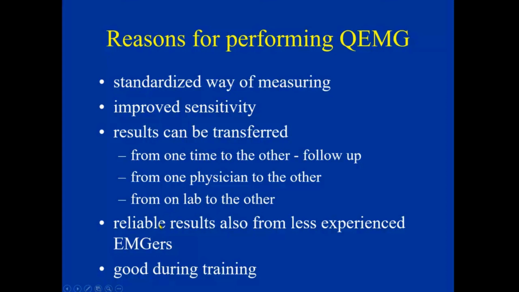We get better results also from less experienced examiners, and it's actually helping during training to show how the cursor should be set and how the measurements should be done. This was the end of the theoretical part of the discussion of quantitation in EMG.